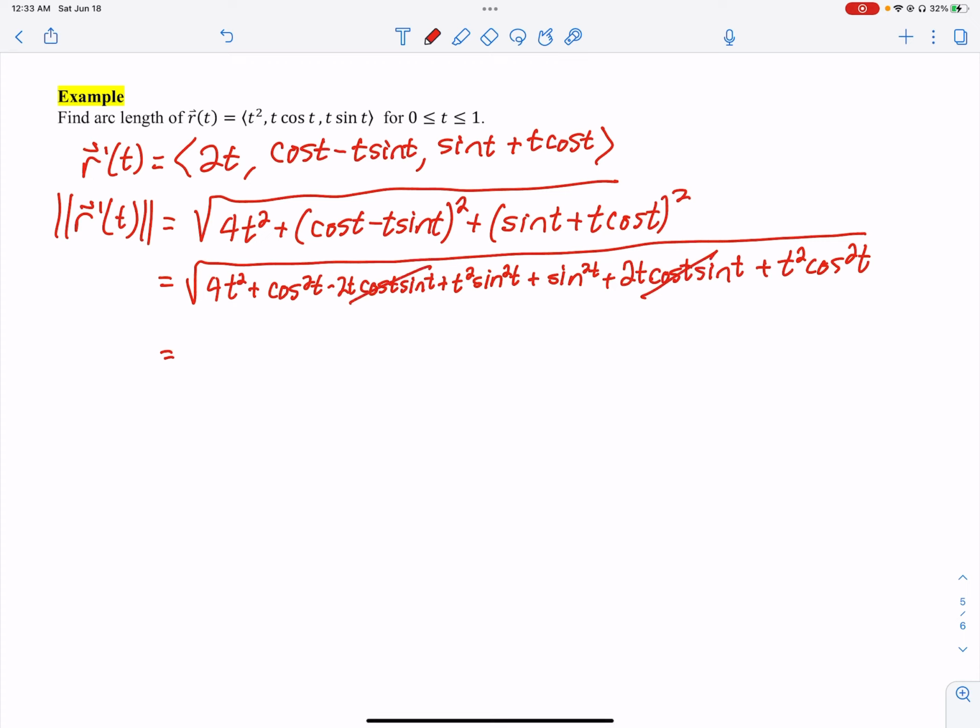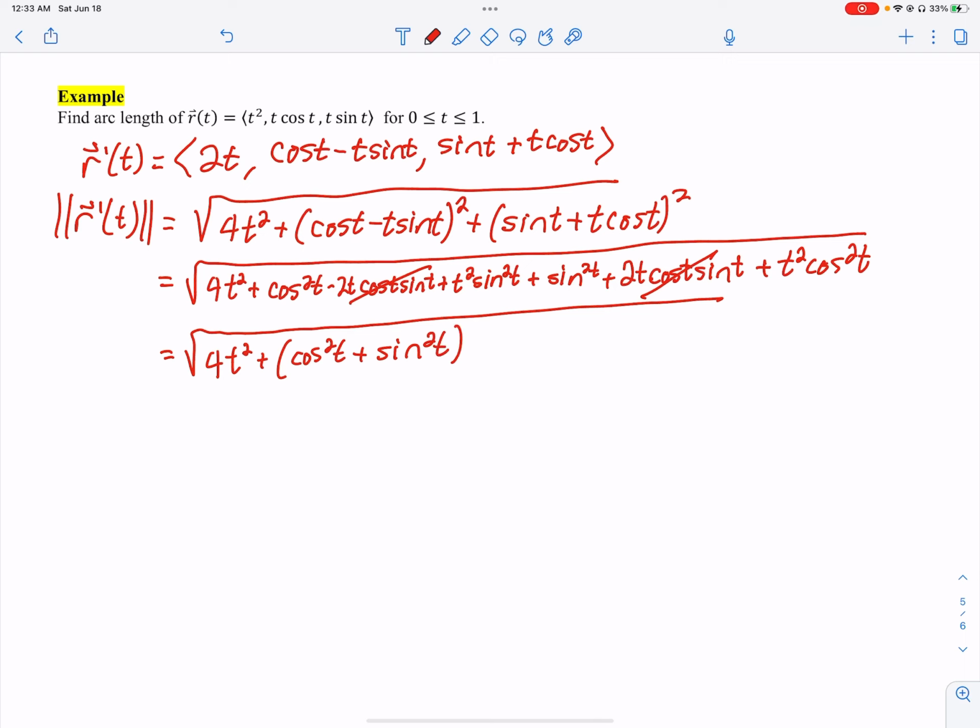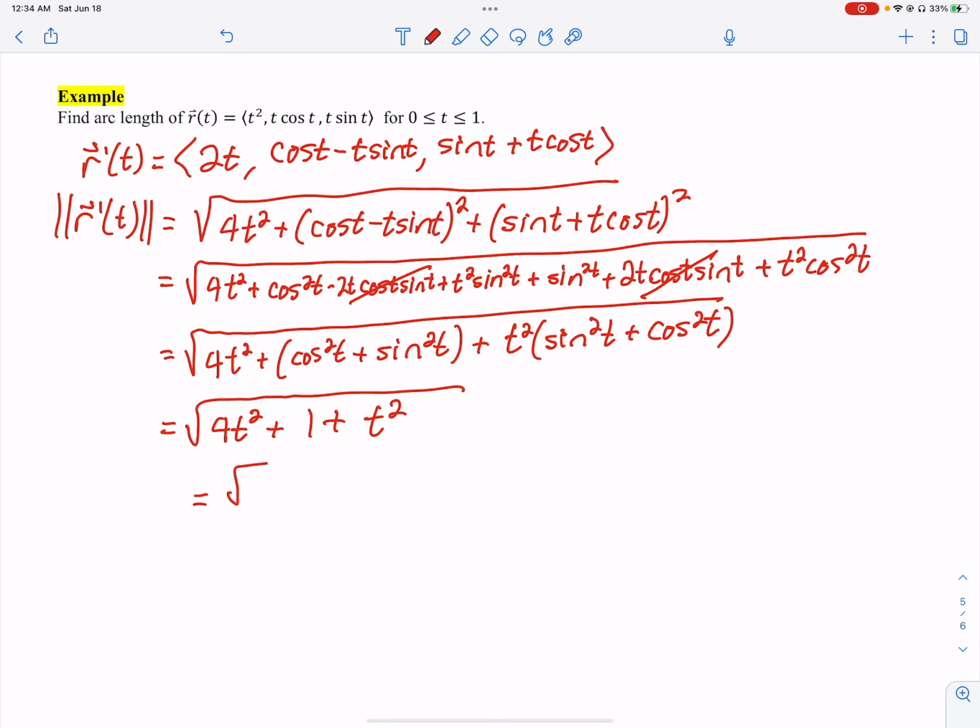So we get the square root of 4t squared, and then we're going to have plus cosine squared t plus sine squared t. We have a pair. And then notice the other ones will have a t squared, so I'm going to factor those out. T squared times sine squared t plus cosine squared t. So we get, we're almost there, 4t squared plus 1 plus t squared. There was a 1 t squared, leaving us with the square root of 5t squared plus 1.